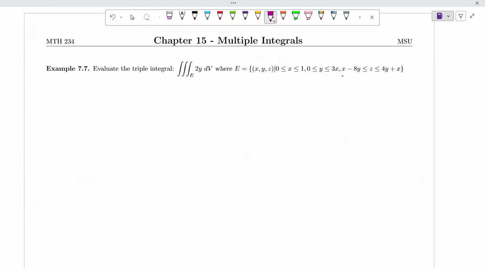So if I just come through and take a look at what variables I see: x in the y bounds, both x and y in the z bounds, and then I don't see anything but constants in the x bound.